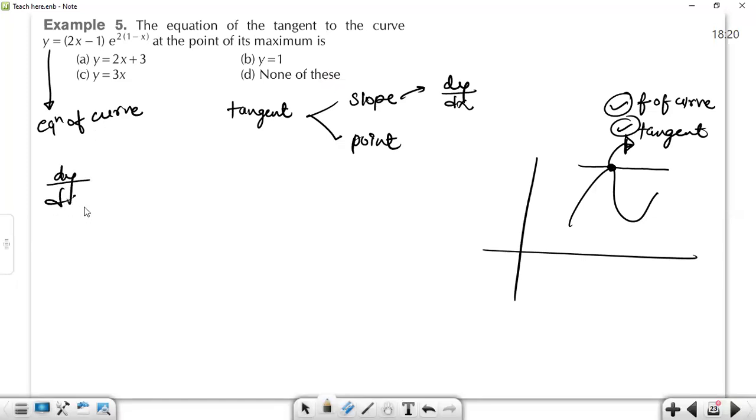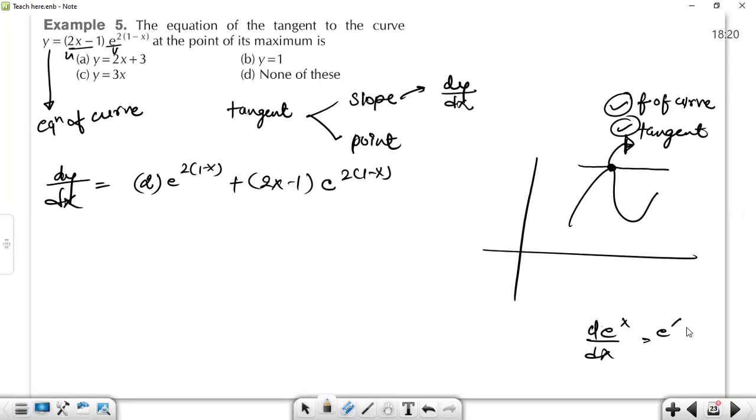So first, differentiating it: this is the first function, this is the second function, so u dash v, it is 2, plus u v dash, e raised to power 2 into 1 minus x, because the derivative of e to the x with respect to x is e to the x only.